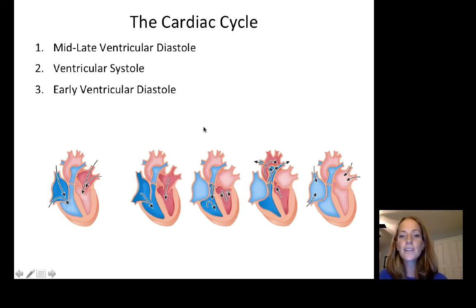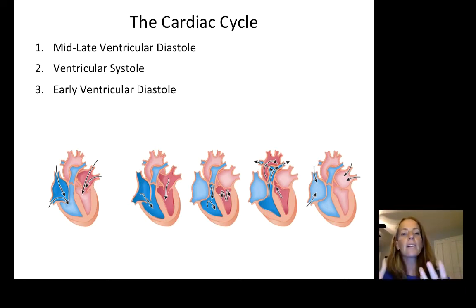So we have to start somewhere even though this is a cycle, right? So it's kind of odd, and I think students get very confused with the cardiac cycle. But we have decided, not we, like I was part of the decision, the cardiac cycle by convention starts when the heart is filling.